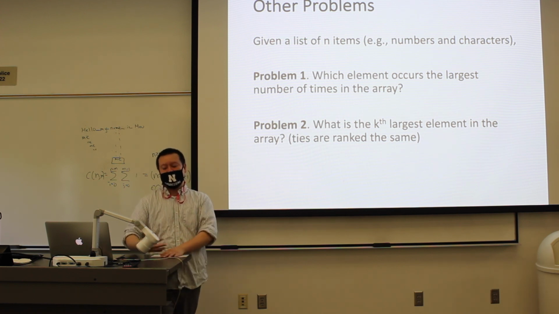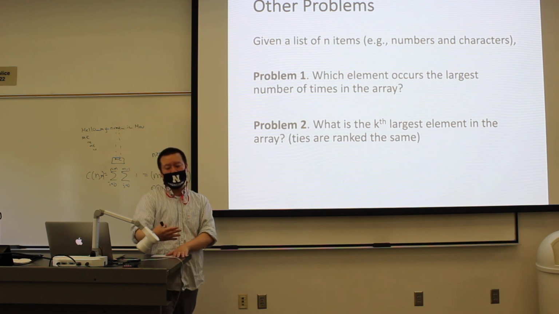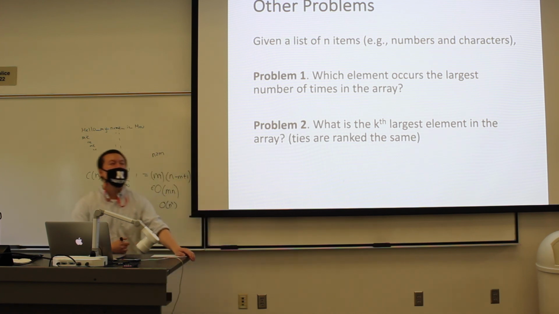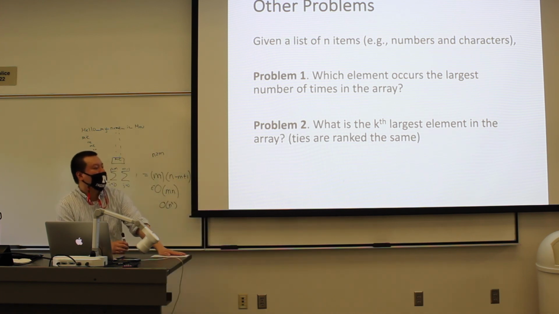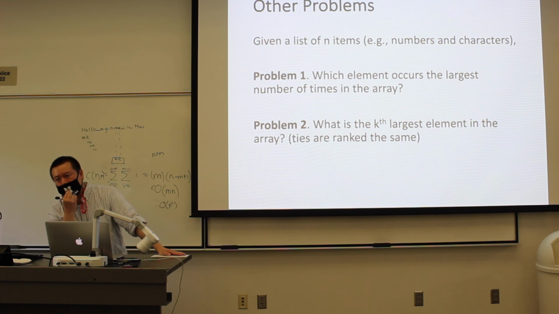So you use extra space, but you're reducing runtime because of that. On the other hand, if you don't want to use extra space, then I wonder if there's a quicker way to do it. But n² would be one possible solution.